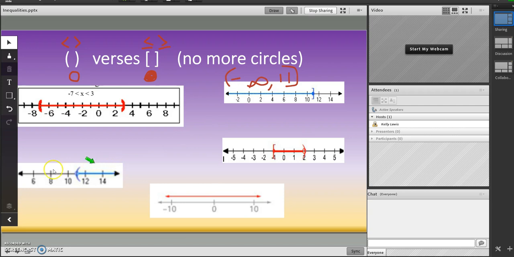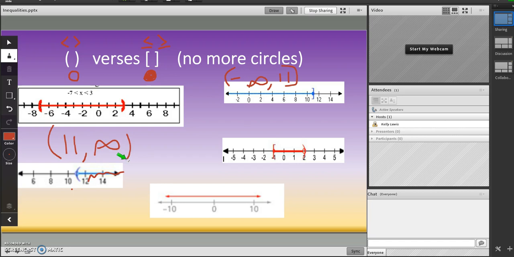Okay, let's look at this one. This one's at 11, and it's got a parenthesis, and then it keeps going bigger, bigger, and bigger, so it keeps going to infinity.